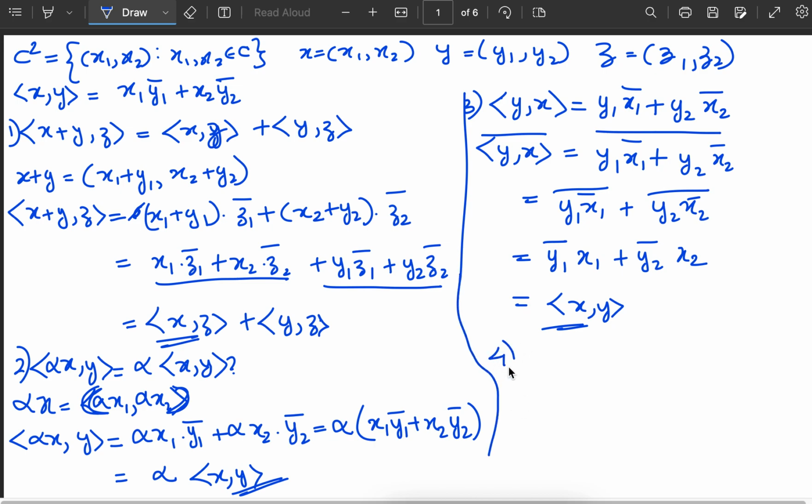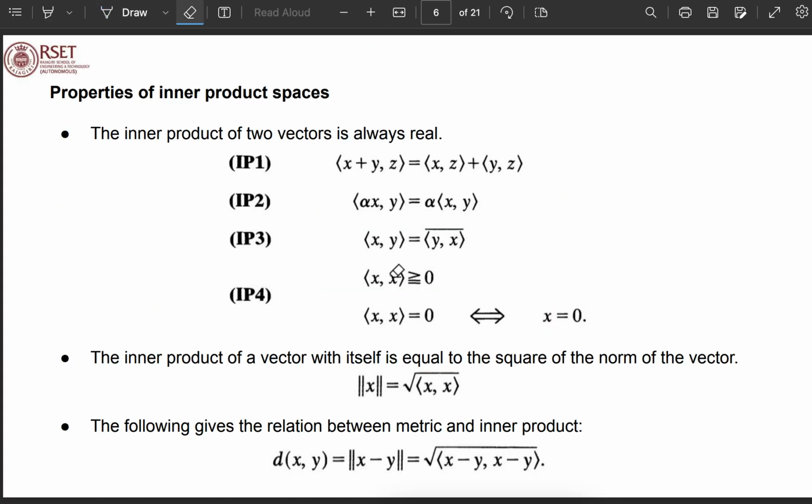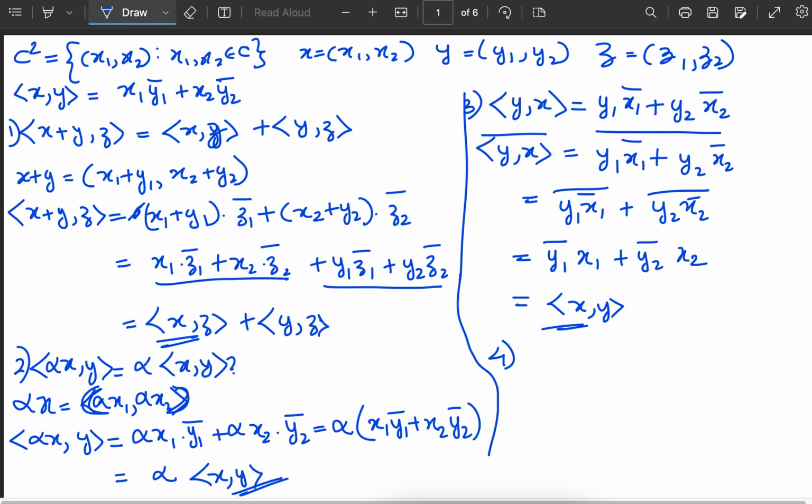Now let's check the next property. What is the next property? Inner product xx must be greater than or equal to 0. So what will be inner product xx? Here the first element is x, and the second element is again x.